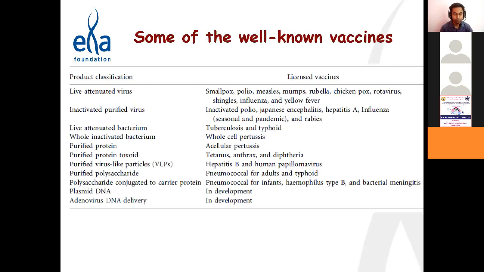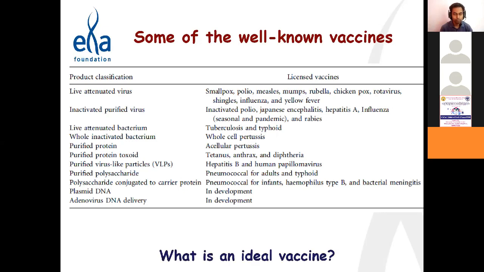So this is the list of some of the well-known vaccines that everybody is aware of. To this list, I think adenovirus vector vaccines as well as the mRNA vaccines are the new candidates which have been added.